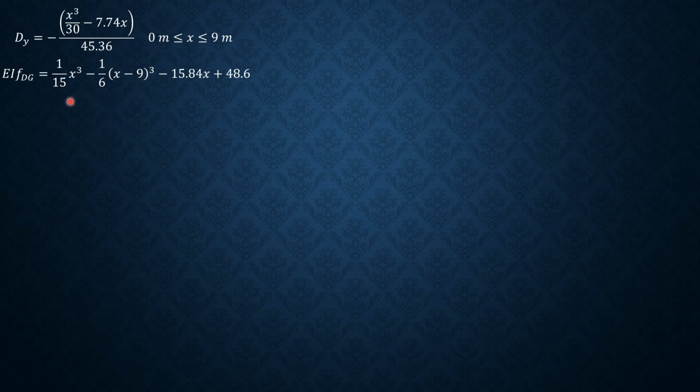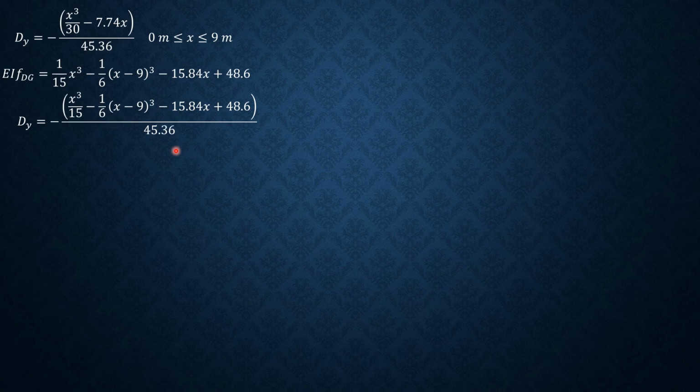So divided by FDDR, FDG is equal to negative of quantity x cubed over 15 minus 1/6 of x minus 9 cubed minus 15.84 of x plus 48.6, divided by 45.36. This is from 9 to 15 meters.